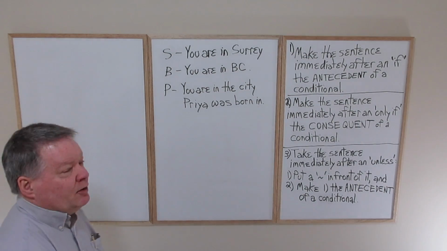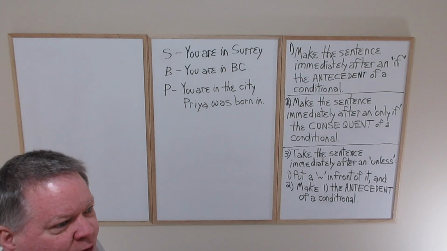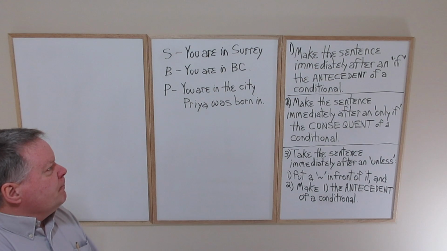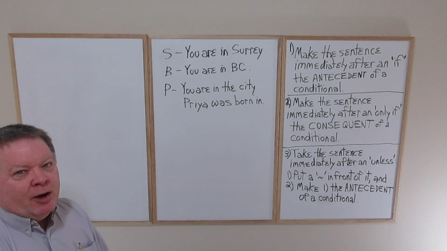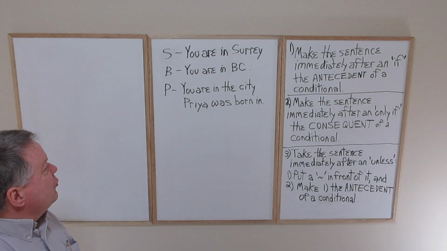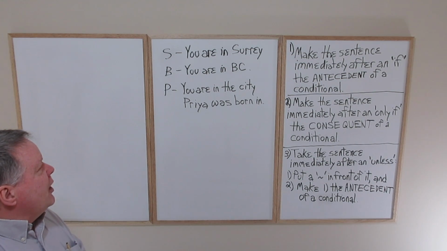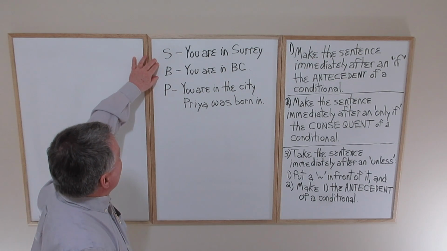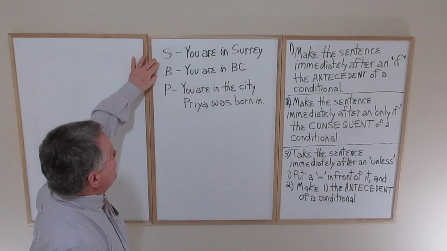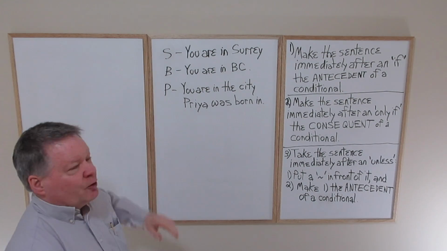Before we move on to consider the second exercise on assignment 2, I just wanted to pause to emphasize the difference between conditionals and biconditionals. So consider the following three sentences. Capital S is going to stand for you are in Surrey.